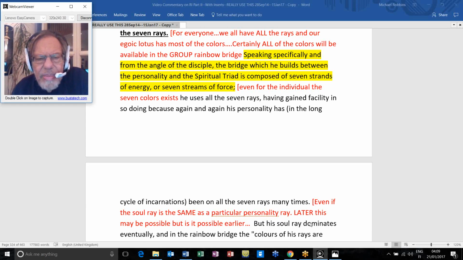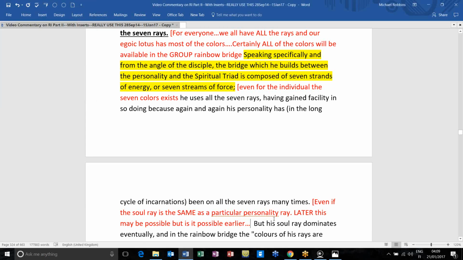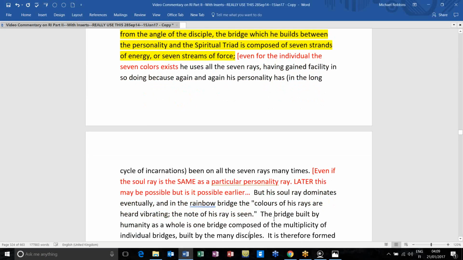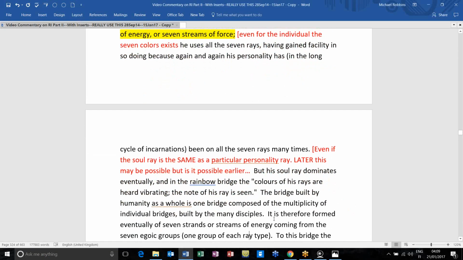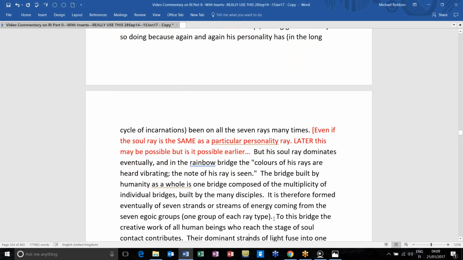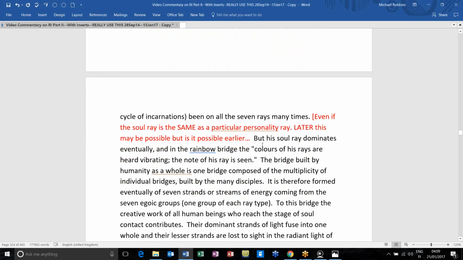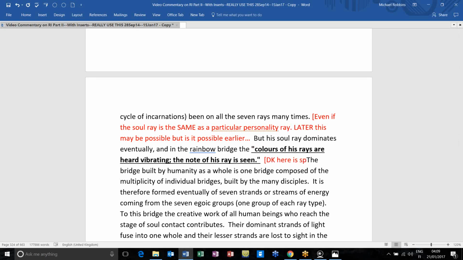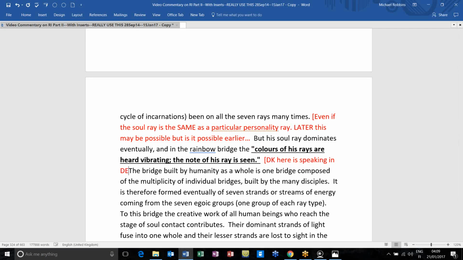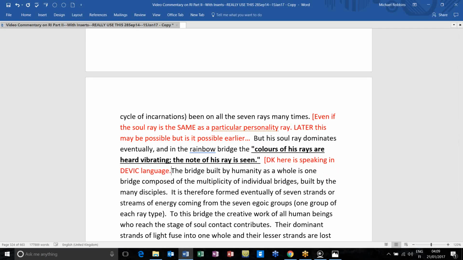But his soul ray dominates eventually, and the rainbow bridge, the colors of his rays, are heard vibrating, and the note of his ray is seen. And what can I say? This is DK speaking in Devic language.